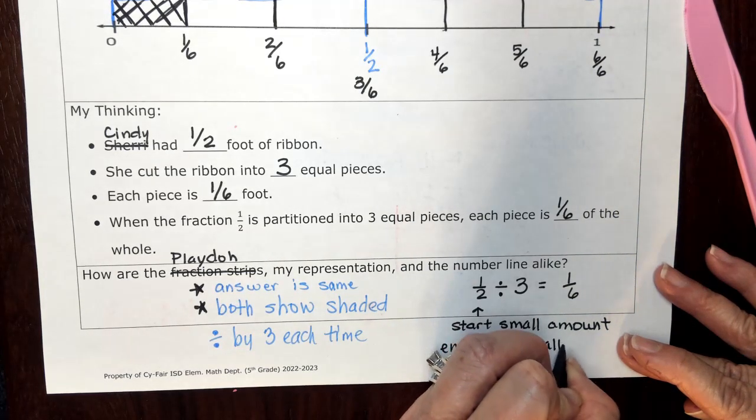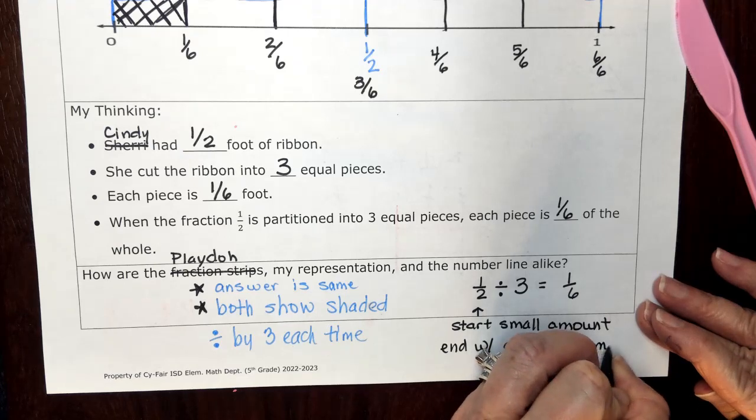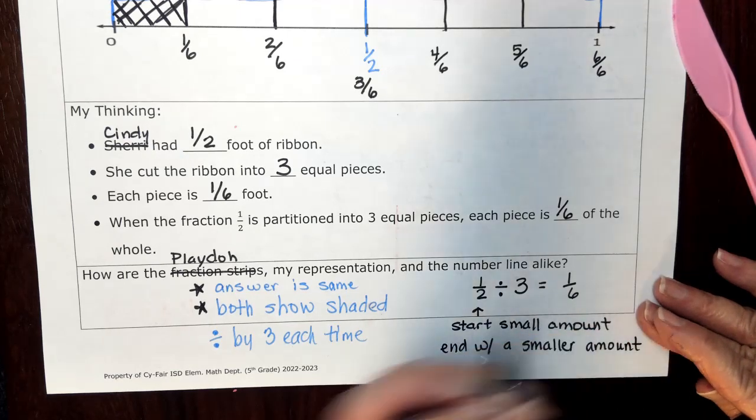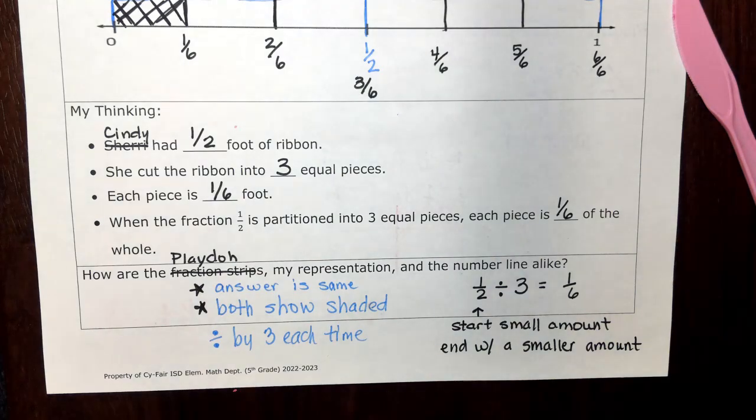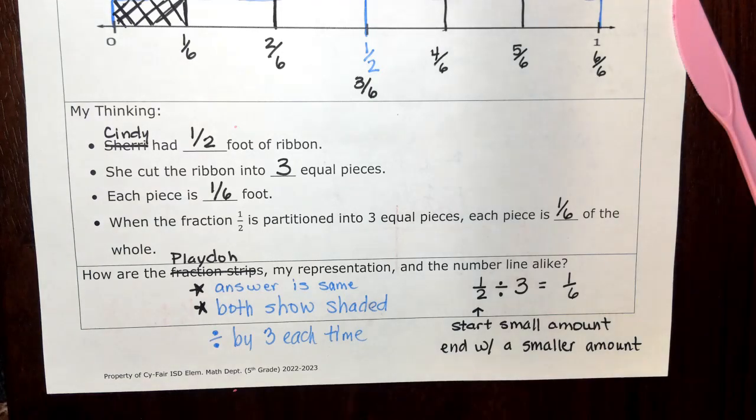We end with a smaller amount. Does that make sense? We all discussed that before we even started, that if you started with a fraction and you had to share it, wouldn't you end up with a smaller piece? Okay. So I want you to be thinking about that, because before we started, some of you were talking about that pizza, and we got all these answers where the pizza grew instead of getting smaller.